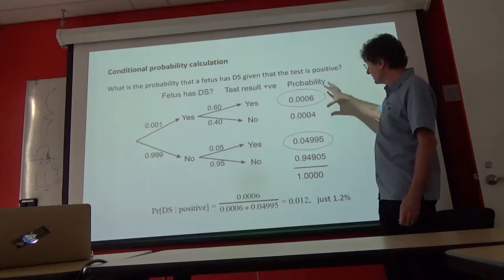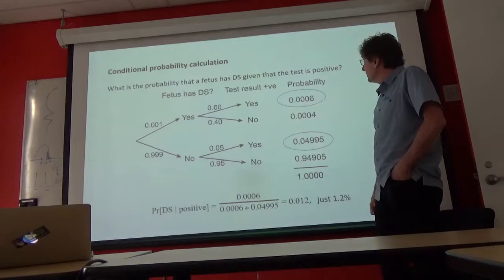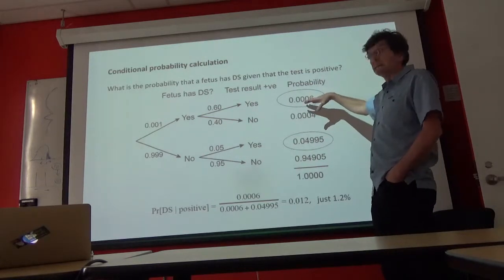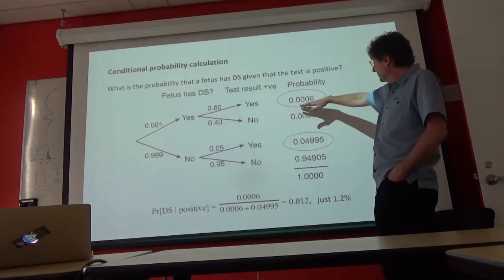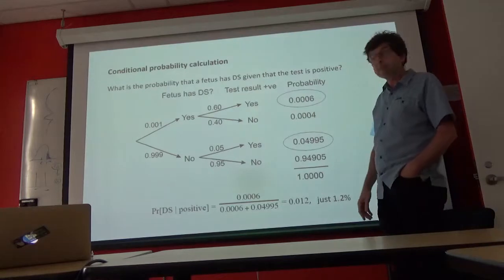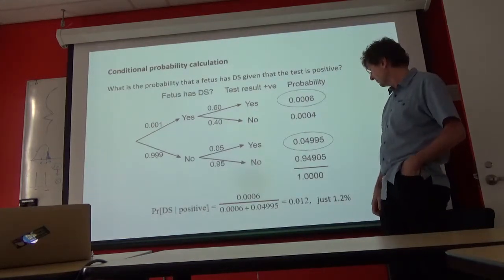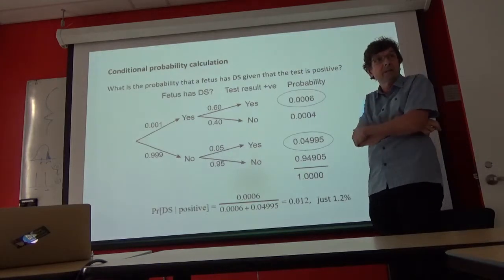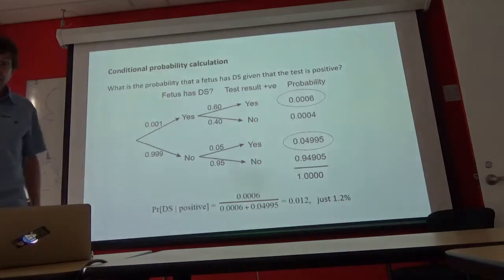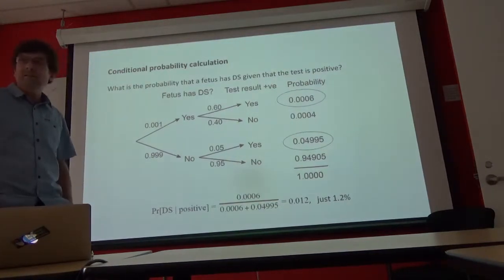These represent a population of outcomes in which there is a positive test result, and then the only question remaining is what fraction of them actually have Down syndrome. That fraction is 0.0006 over the sum of those two, which in this case is 0.0594... or rather, about 0.012, or 1.2%. So the probability that a fetus has Down syndrome given that the test is positive is less than 2%.